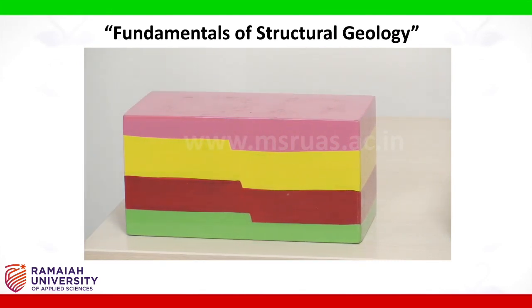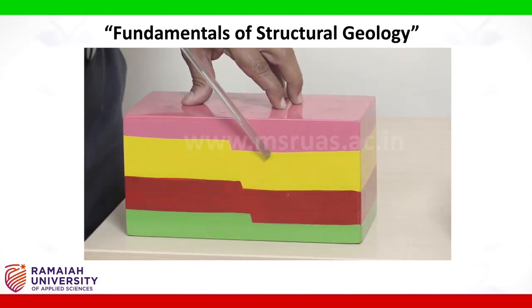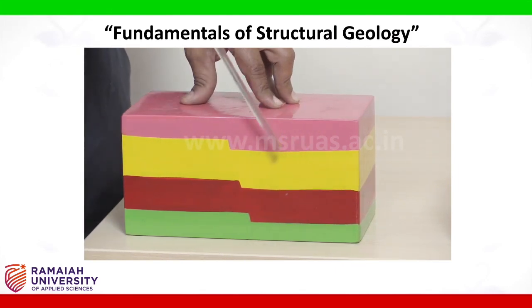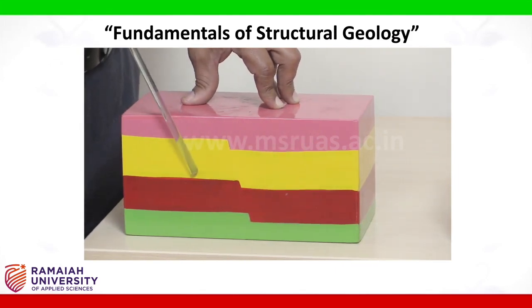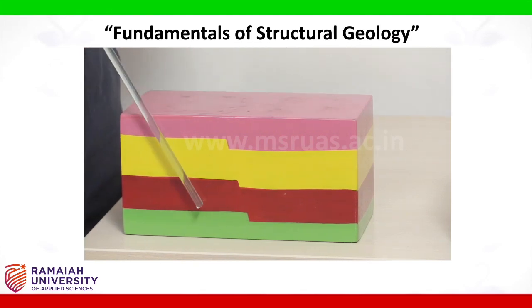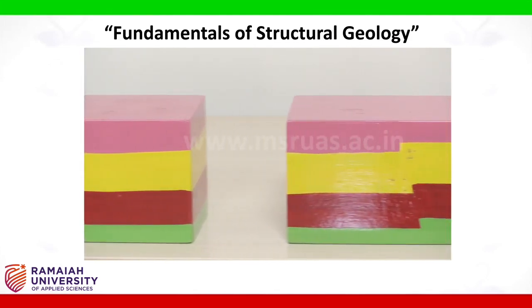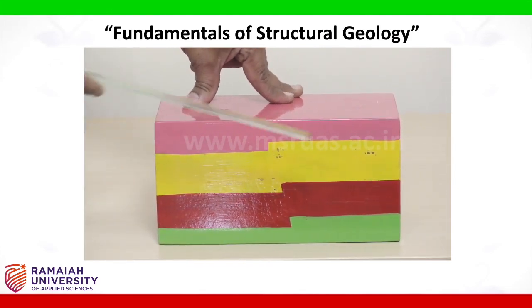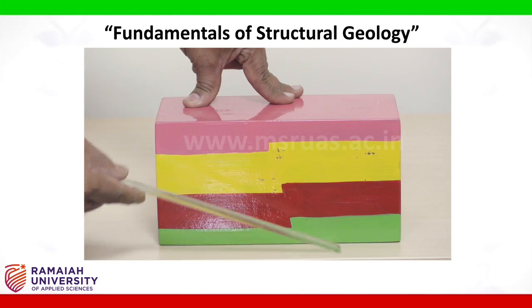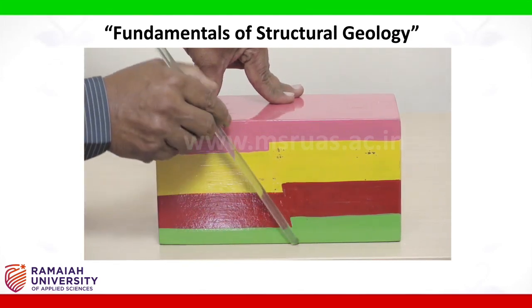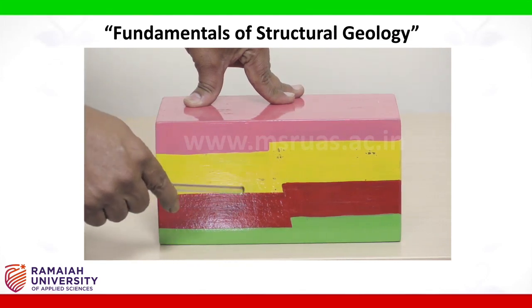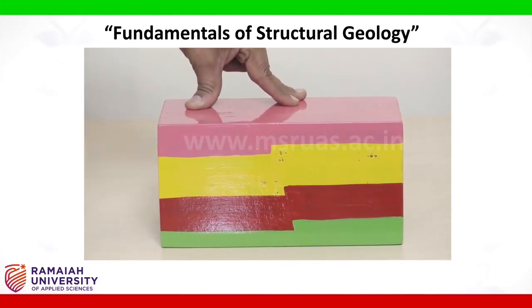In a normal fault, the hanging wall generally moves down or slips down with reference to the footwall. This is a normal fault. In the reverse fault, the hanging wall moves up with reference to the footwall. This is called the reverse fault.